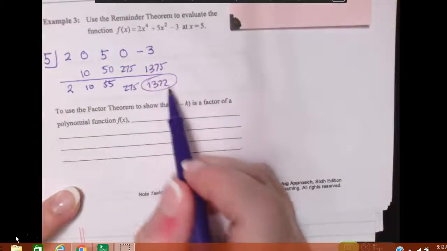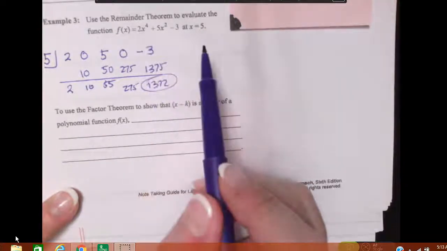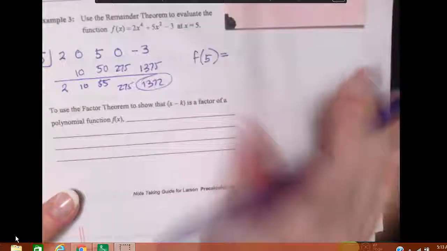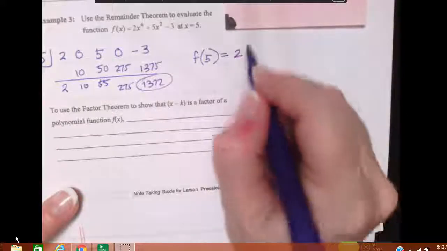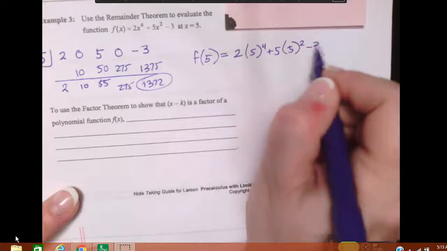So my remainder was 1,372. So if I were to substitute 5 into this function, I should get 1,372. And I just need to prove that to myself. So 2 times 5 to the 4th plus 5 times 5 squared minus 3.